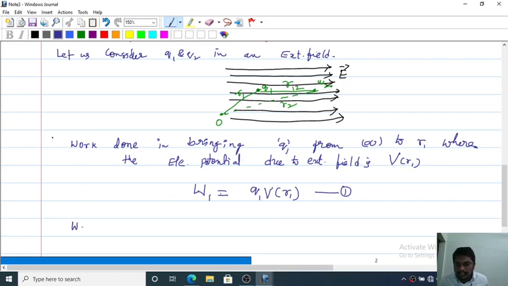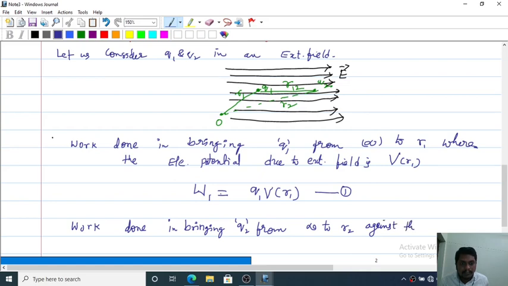Next, I want to bring the second one. So work done in bringing Q2 from infinity to R2, against the external field, and also against the field due to Q1.